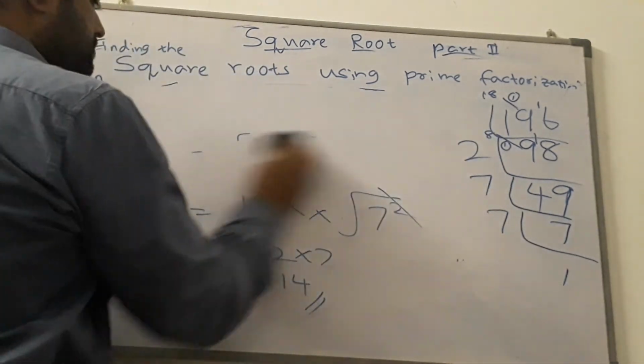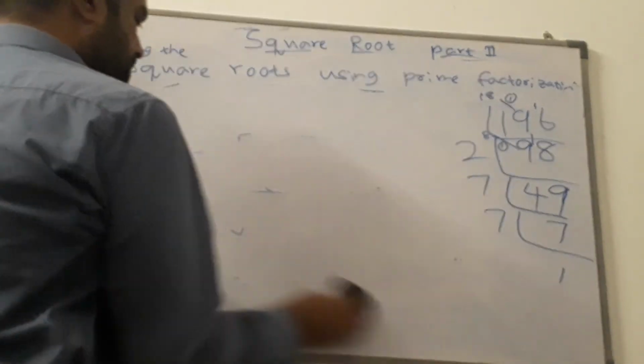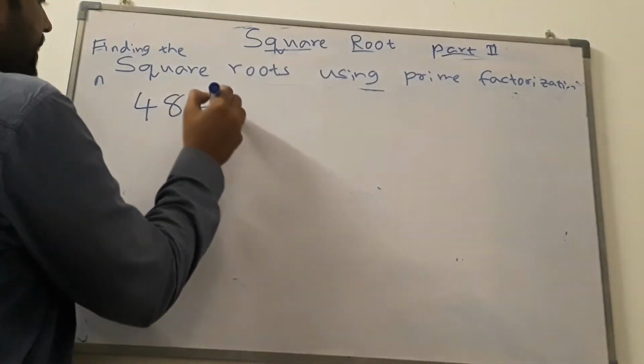Next figure. Next is 484. Okay, we want to find the square root of 484.